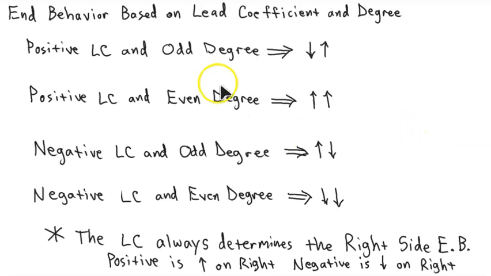Now the other thing is this, note that when the degree is odd, the end behavior is opposite. See, degree is odd, end behavior is opposite. But when the degree is even, the end behavior is the same or even. Even degree, even or the same end behavior.